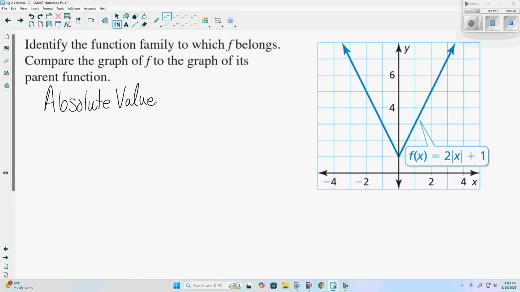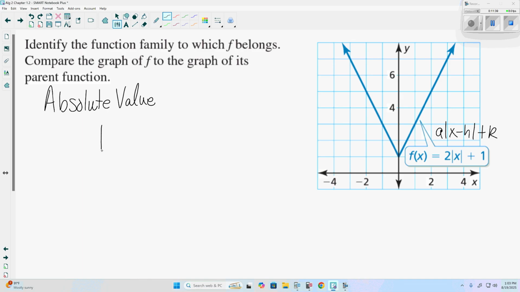A absolute value of x minus h plus k. Do we have a value for h for this here? No, so there's no left and right. Do we have a value for k? It is 1. Are we going to move up or down?